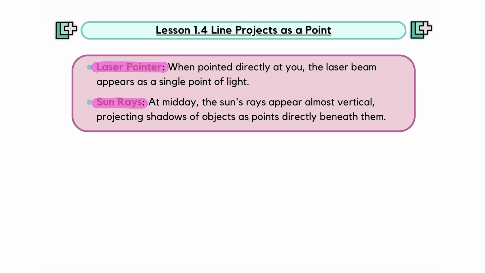So to explore this concept just in terms of a freehand sketch, a line projecting as a point. What this means is that if I was to view a line like so, in a perpendicular stance, we've already ascertained that I would see its true length.